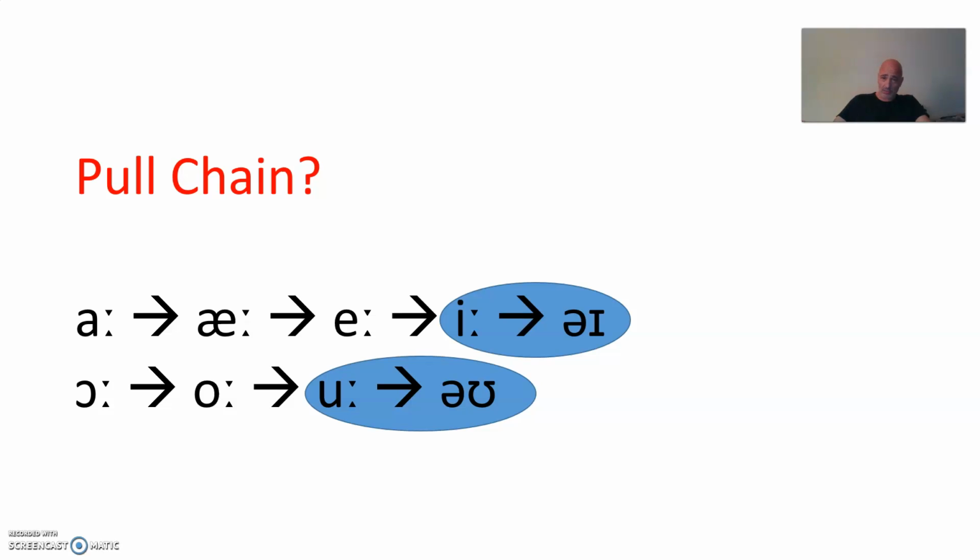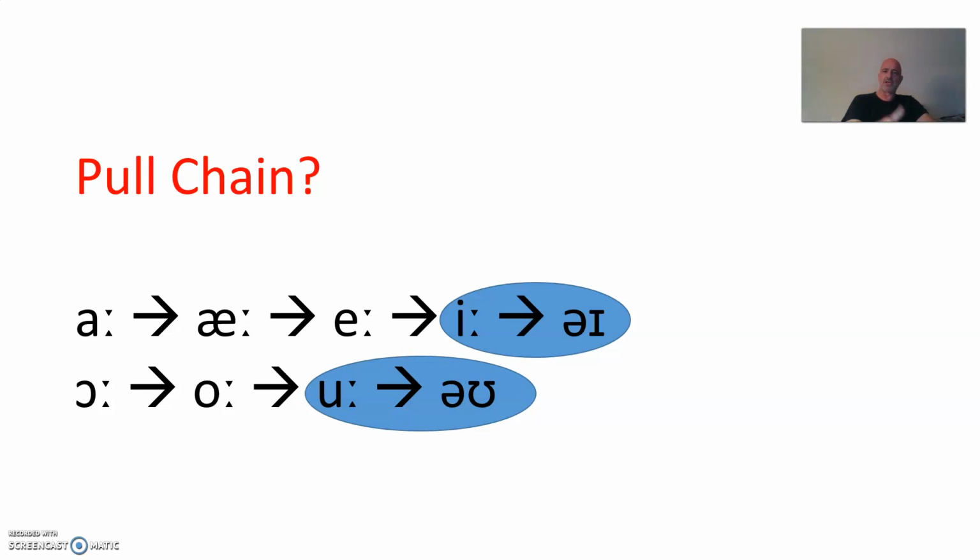A pull chain would be the opposite, which means one vowel vacates its place, and then the others come after that, because there's a vacancy, which is filled by the next vowel, which in turn leaves another vacancy, filled by the next one down, and so on. This would be a pull chain: a vacancy, and then filled by the other sound.